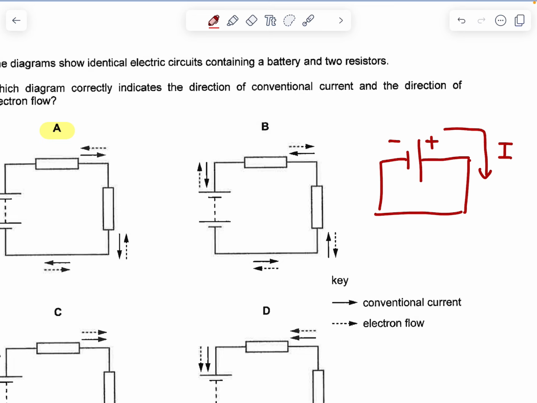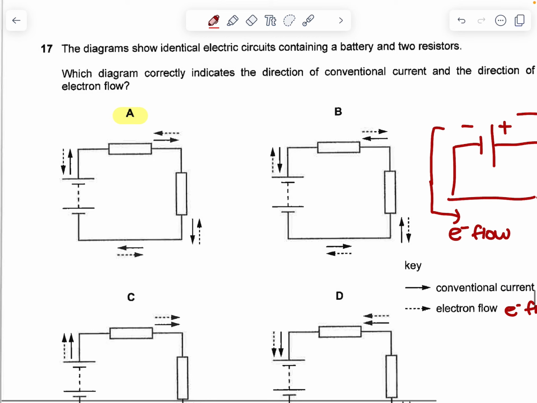And we use the symbol I. For electron flow, it flows from the negative terminal, okay, to the positive terminal. That is the electron flow. And so the answer is A. Conventional current and electron flow.